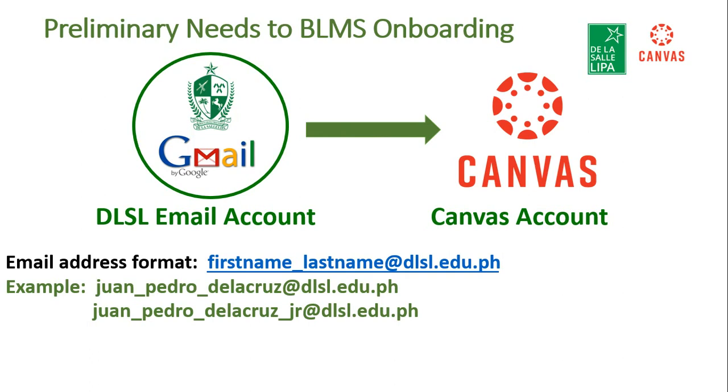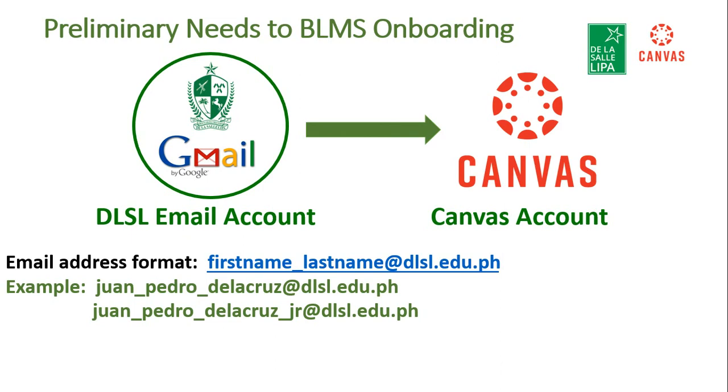The format that I believe you receive in your personal email is first name underscore last name at dlsl.edu.ph. Okay, so I am giving here an example because there are students who have 2 to 3 first names, and then last name. So I have here Juan underscore Pedro underscore de la Cruz at dlsl.edu.ph.